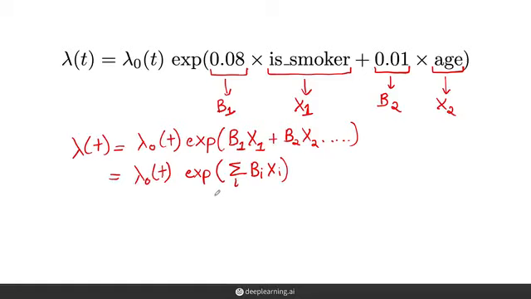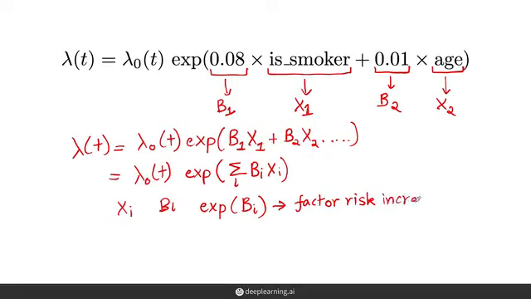So now we've also seen factor increases in the risk by a unit increase in the variables. So we saw that if we have a variable xi, then if we look at the weight associated with it, bi, and we take the exponent of that weight, then that represents the factor risk increase when we have xi become xi plus 1.